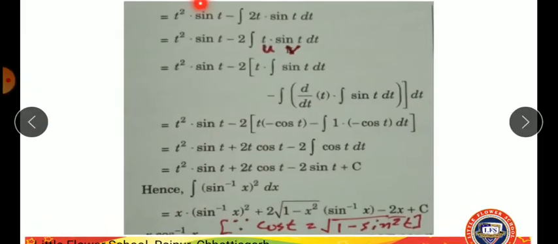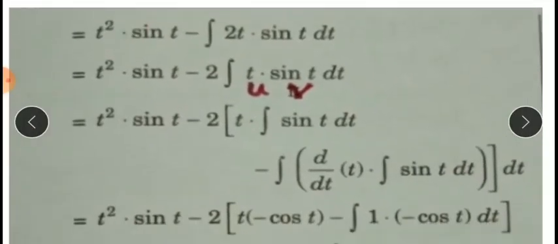First function, integration of second, minus whole integration, differentiation of first function, integration of second function. Here we are doing differentiation and integration with respect to t. Now this is equal to t square sin t minus integration 2t sin t.